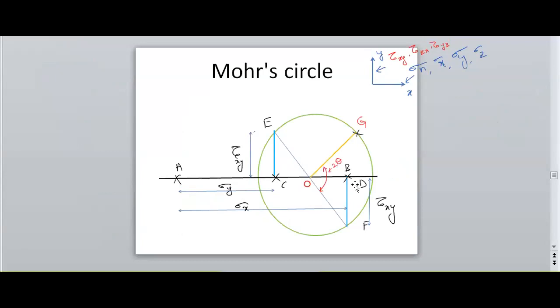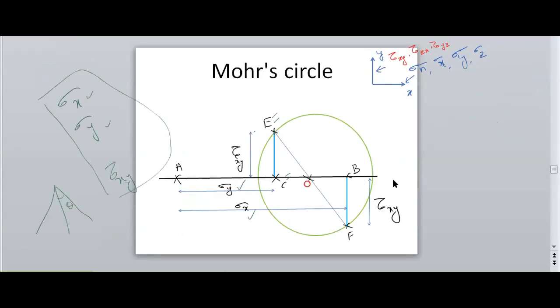Now I need to draw a circle with a radius of OE, or OF. The next step in the Mohr circle method we cannot do now, because we do not have an angle. So how to find the principal stresses?